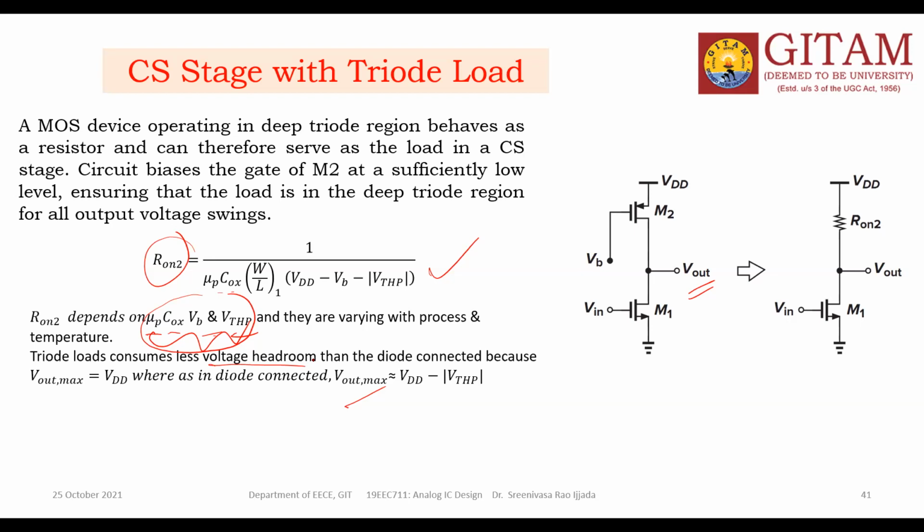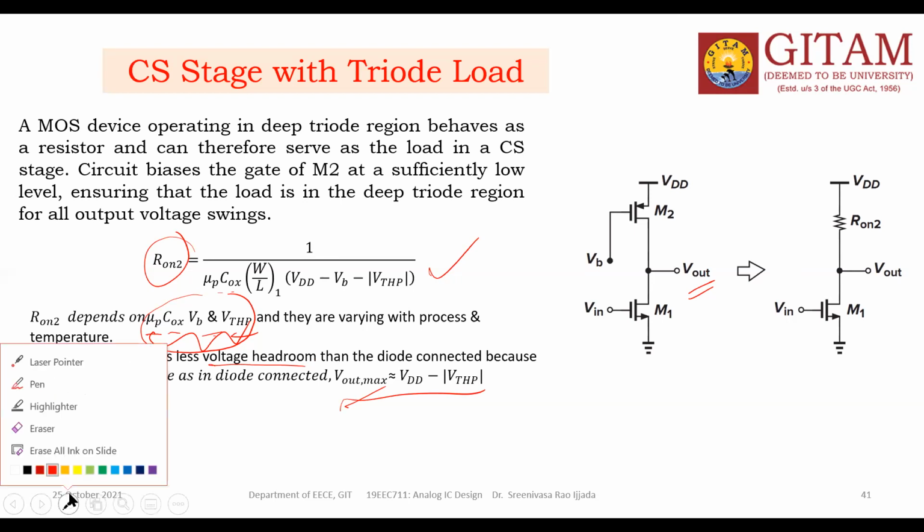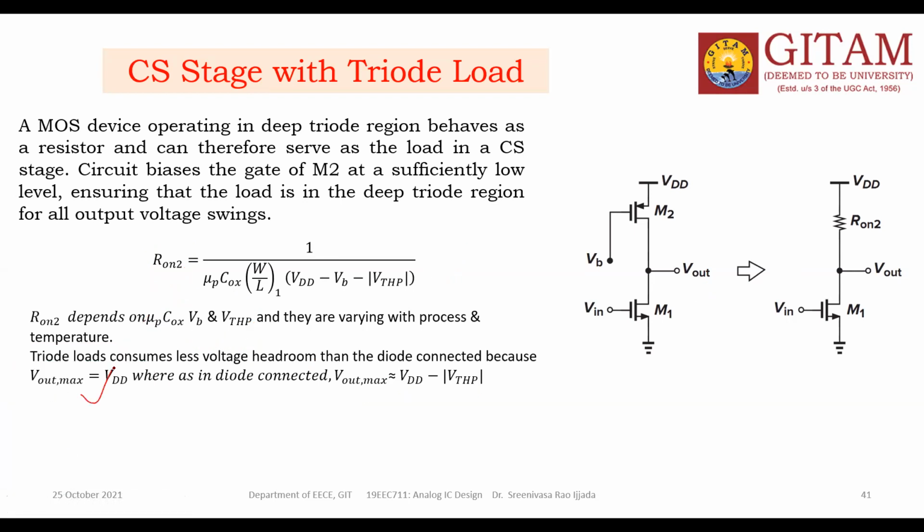You can see these two conditions. The output maximum at the diode connected load is VDD minus the threshold voltage of the device, but in the triode load it is approximately equal to VDD. So we want to choose this one, not that one, because there the output voltage will decrease. That is called the voltage swing limit. But here there is no voltage swing limitation.